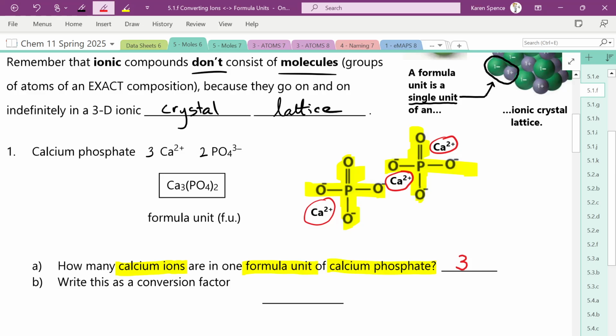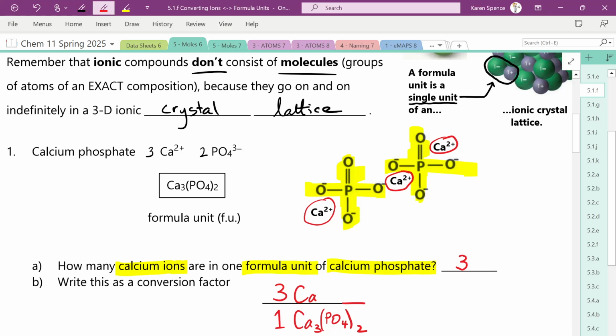How many calcium ions are in a formula unit? 3. So let's write this as a conversion factor. We have 3 Ca for every 1 Ca3(PO4)2.